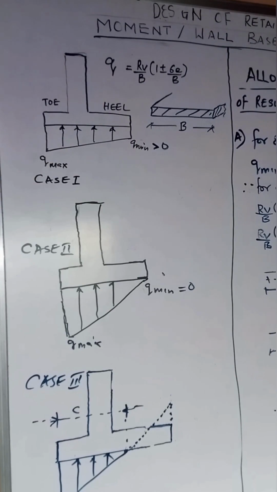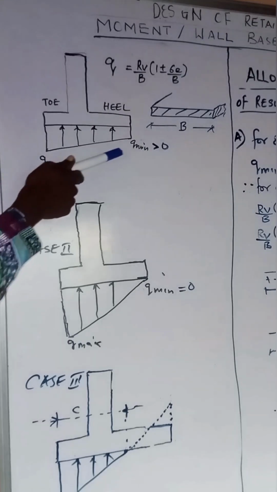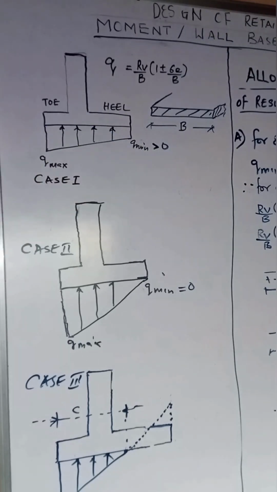When we carry out a design, we try to obtain the maximum and minimum pressure that can be exerted on the strip. We'll find out that there are different possible load cases that could be encountered. The first one is load case 1, where we have our Q maximum pressure and our Q minimum pressure.